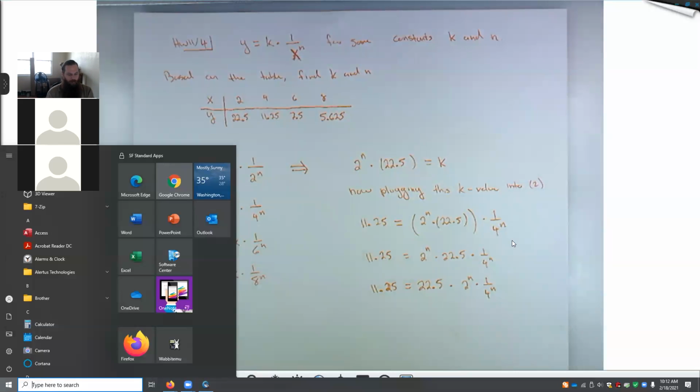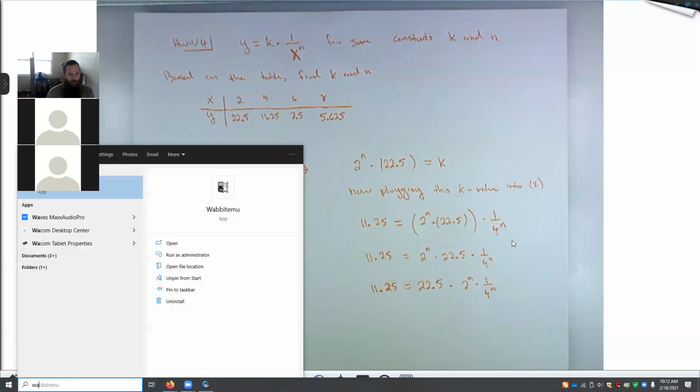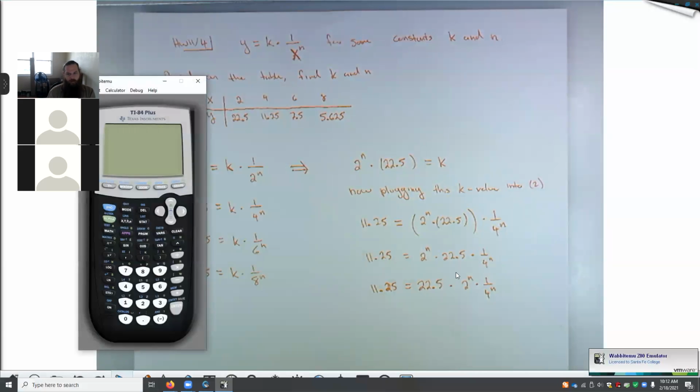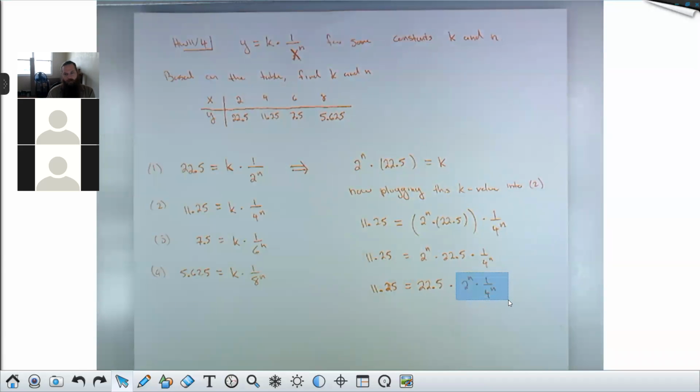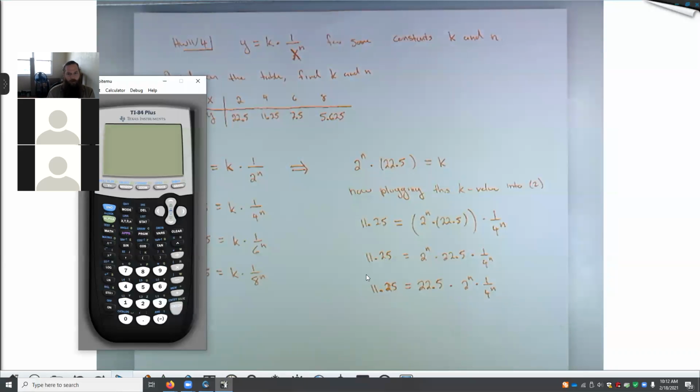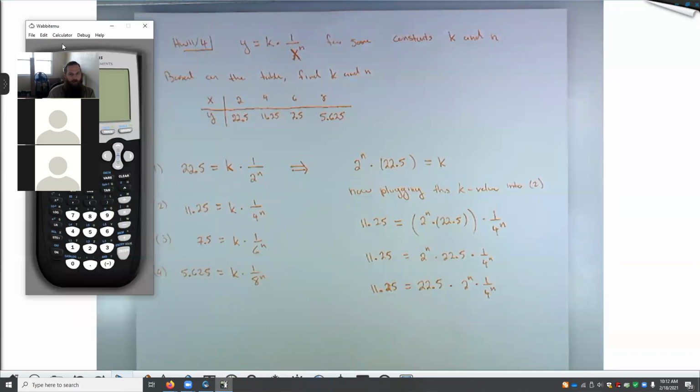The fun stuff is going to come from combining these, which is where you're going to need those exponent rules that I showed you at the start of class. But first, let's divide both sides by 22.5. On the right-hand side, the 22.5s just cancel and go away. But what about on the left-hand side?